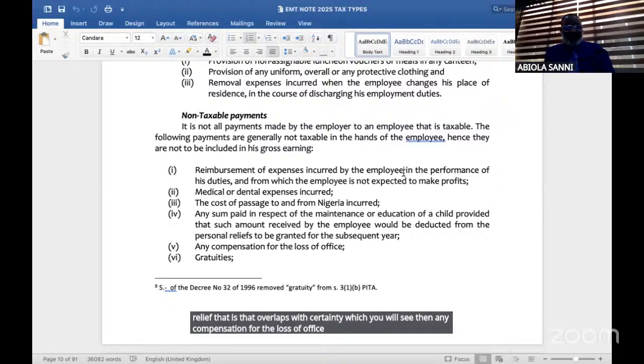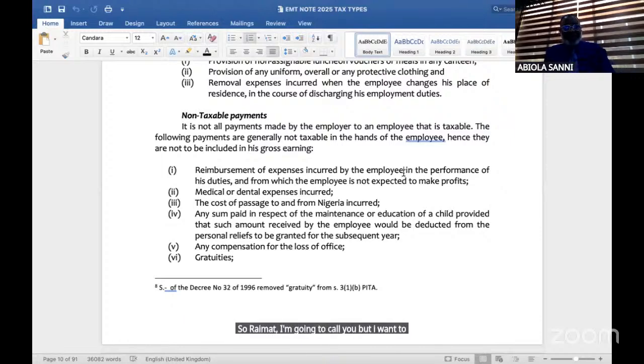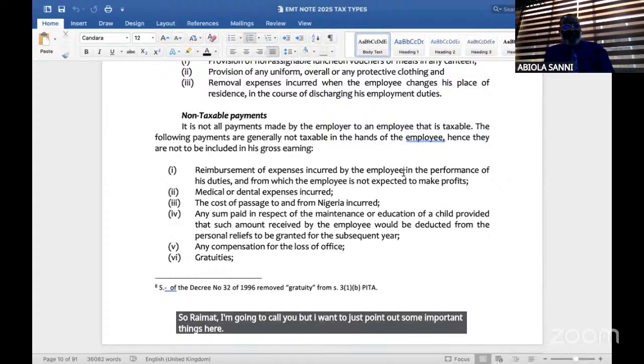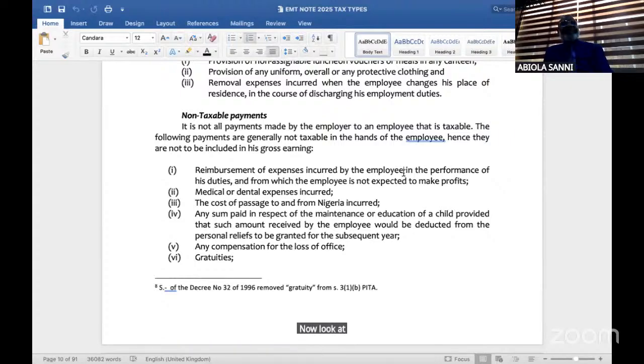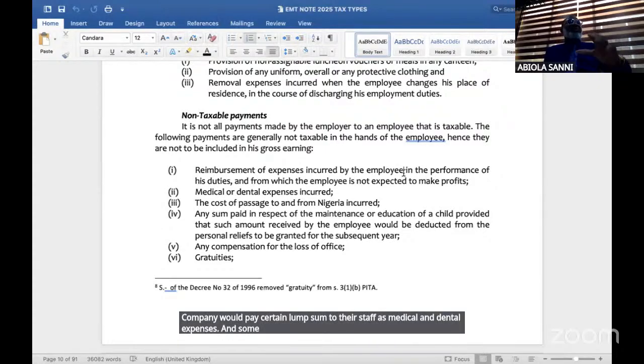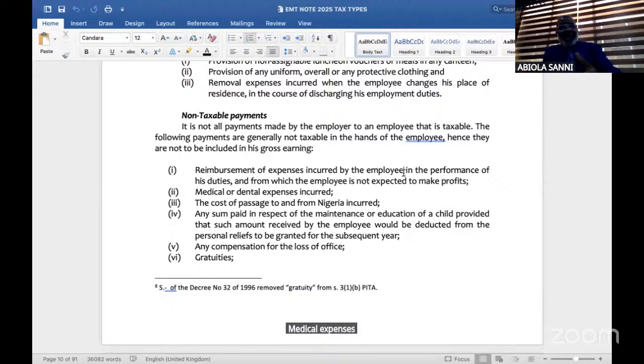Raimat, I'm going to call you, but I want to point out some important things here. Now look at medical or dental expenses. In practice, companies will pay a certain lump sum to their staff as medical and dental expenses, and some people will tell them that they are tax exempt. A friend of mine, a consultant, tackled a company on the basis that, look, medical expenses are not taxable, but this is not medical expenses.